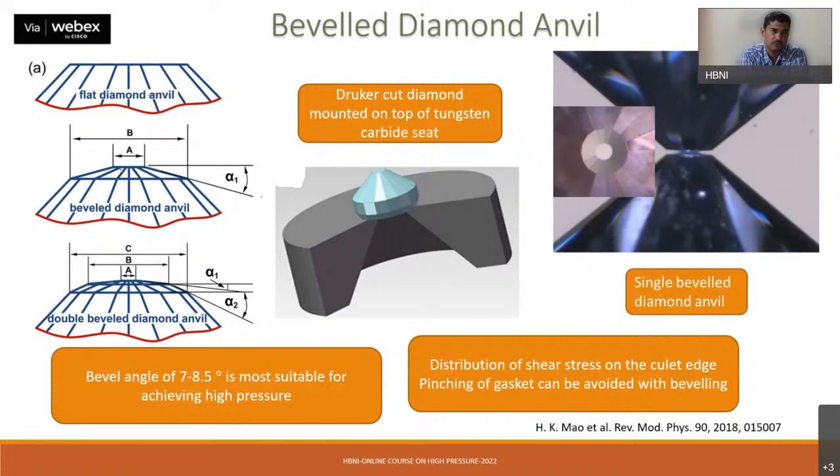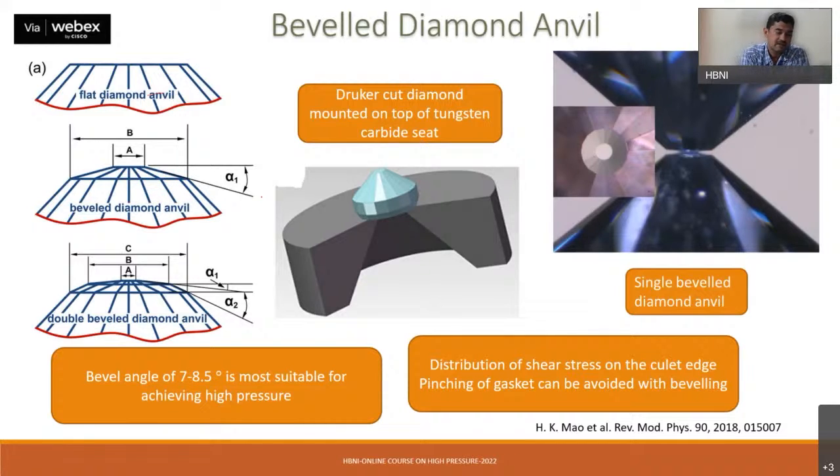You can't increase force beyond a limit, given the design of the cell and the force applying mechanism. So you start decreasing the area. But it is not that you just go on decreasing the area and the pressure will keep increasing, because a limit comes where you can't increase the pressure beyond 100 GPa, whatever area you decrease to. So then come other tricks, like beveling the diamonds.